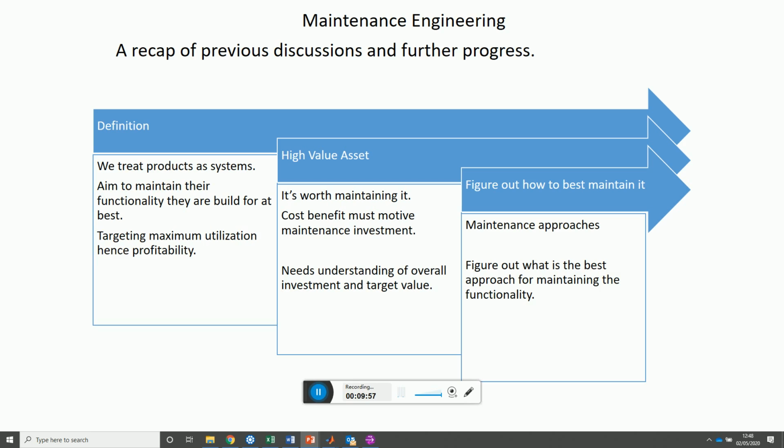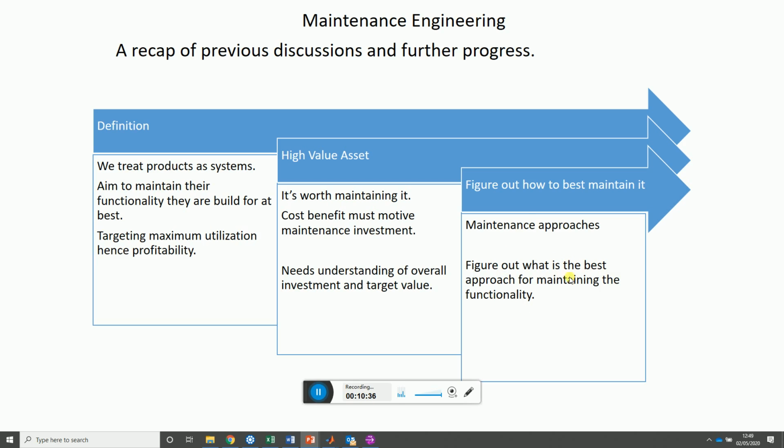But we want to do this only on systems that are worthy of investing maintenance in, right? For which we need to understand the overall investment portfolio. So we need to understand the magnitude of investment. And this can only be done by figuring out, for a given system, what's the best way to maintain it.